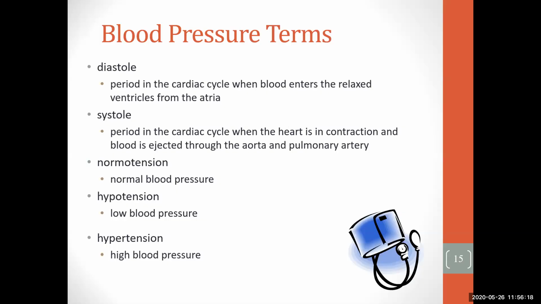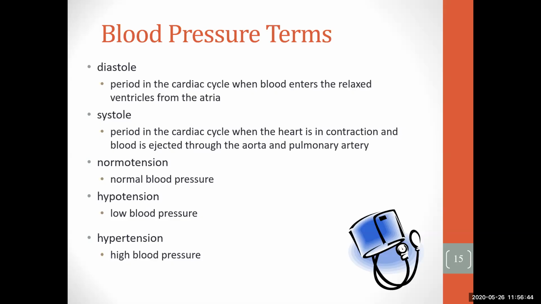When we read the blood pressure, we're going to have two numbers, diastolic and systolic, so the lower number and a higher number. Normal is often said to be 120/80, but it depends on the actual person.